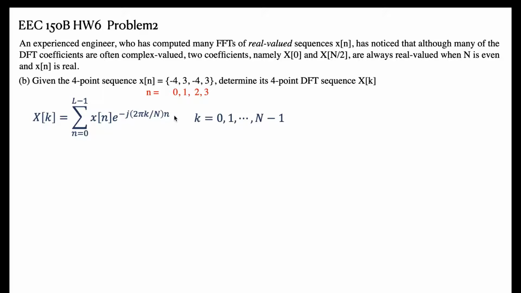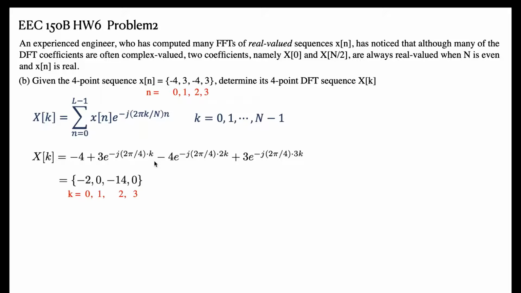Now when n is 0, x[n] is -4, n is 1, x[n] is 3, and so forth. So now you can write down X[k] in this form, and then you can replace k with 0, 1, 2, and 3 to get the answer X[k] to be -2, 0, -14, and 0.